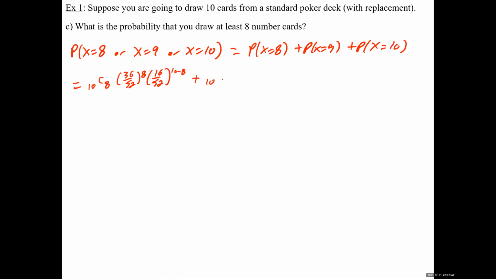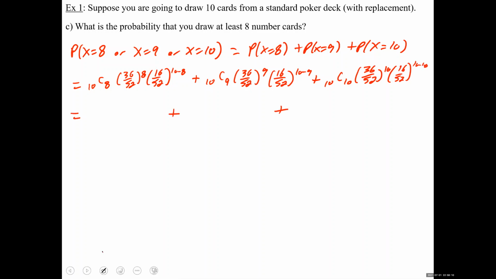Next one is 10C9, 36 out of 52 to the 9, 16 out of 52, 10 minus 9. Next one is 10C10, 36 out of 52 to the 10, 16 out of 52 to the 10 minus 10. And once again, you'll calculate these three things and you'll add them.